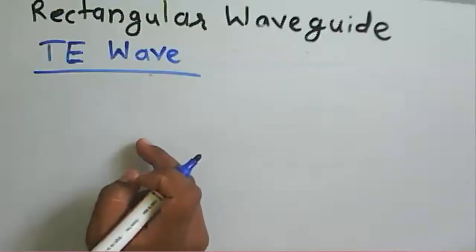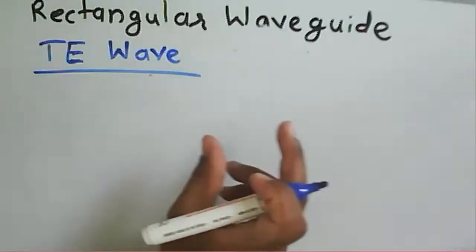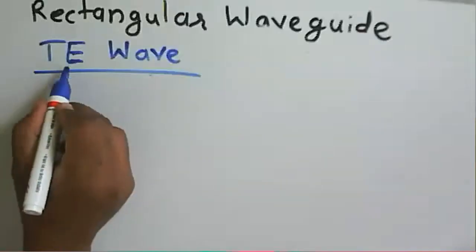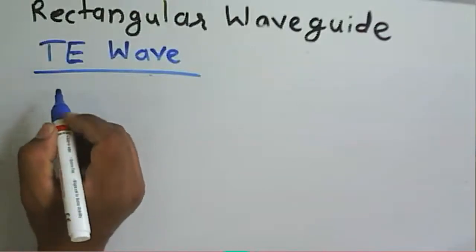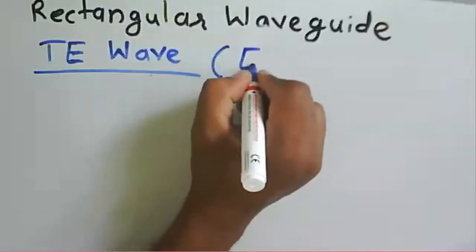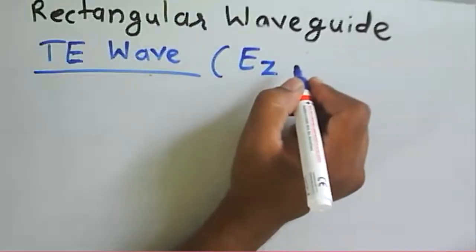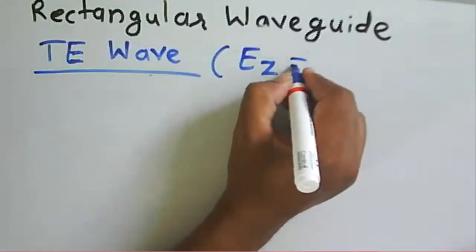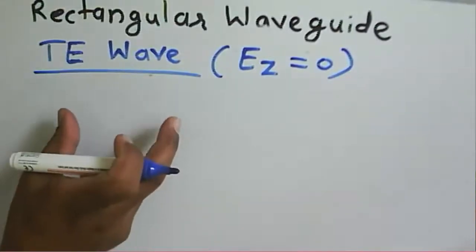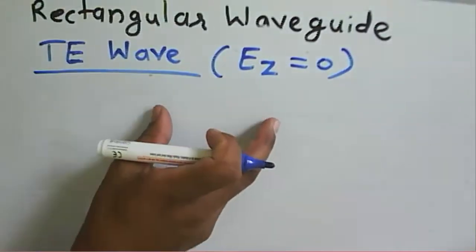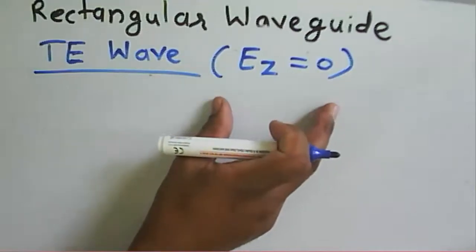So in that case, no longitudinal component of electric field is propagating through the guide. That means Ez is equal to 0. TE wave means no longitudinal component propagating through the guide, so that's why Ez is equal to 0.